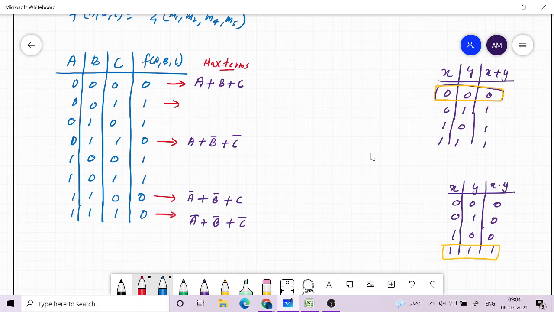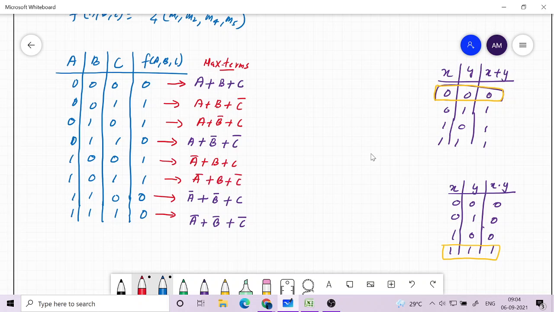Alright, so what about 0, 0, 1? A plus b plus c bar. Next one, a plus b bar plus c. This one, a bar plus b plus c. This one, a bar plus b plus c bar.